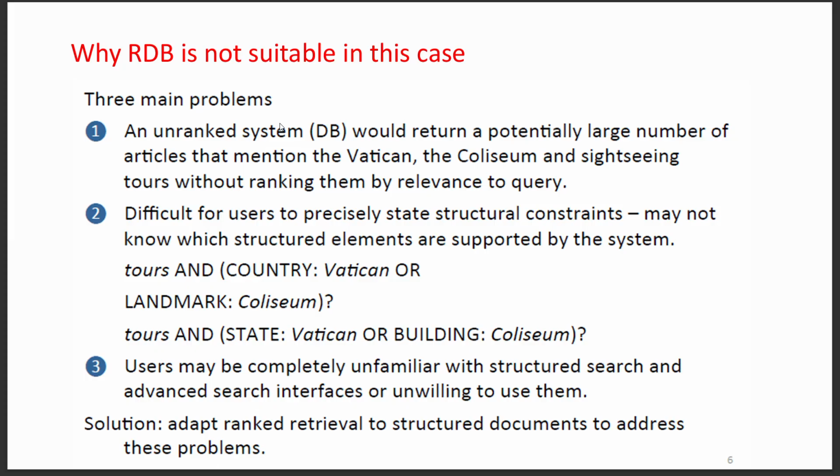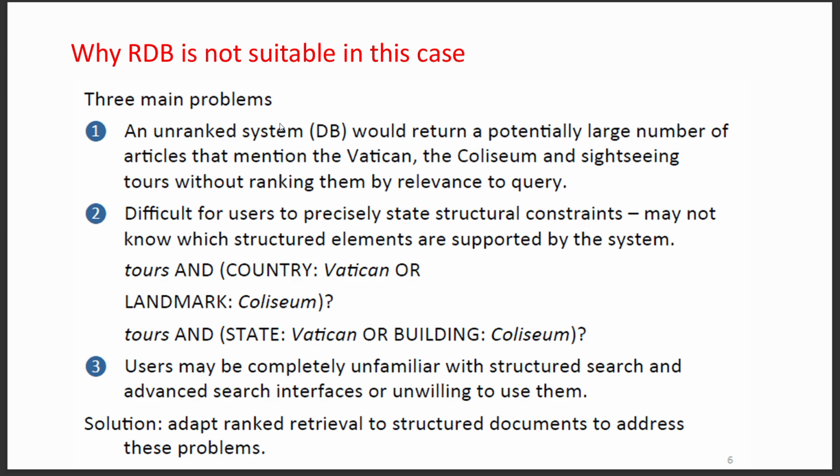Then why are RDBs, that is relational databases, not suitable in this case? Since IR systems deal majorly with unstructured data, if we use IR systems only for structured data, then our application might fail in many circumstances, because we might not be able to fetch documents from unstructured data. In today's world, most of the data present is unstructured.